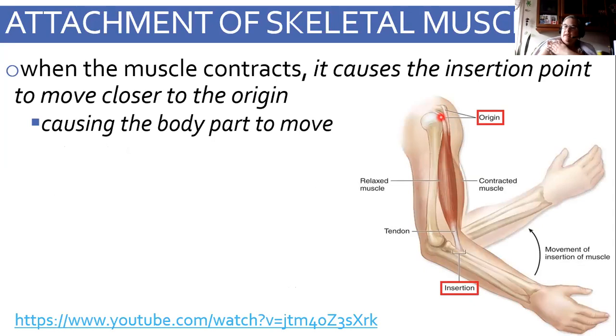But the insertion point is down here, so it's in our forearm. When our bicep contracts, because the insertion point is here, it's pulling that part of our skeleton to the origin. So the insertion point goes to the origin, moving my forearm up towards my humerus.